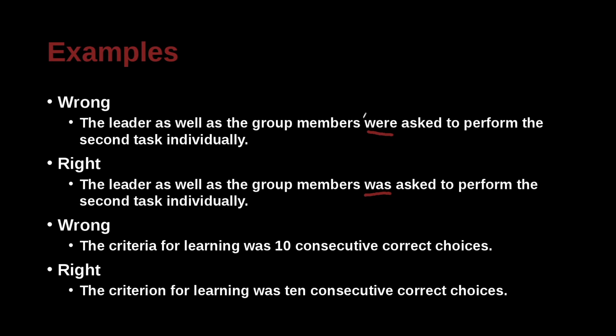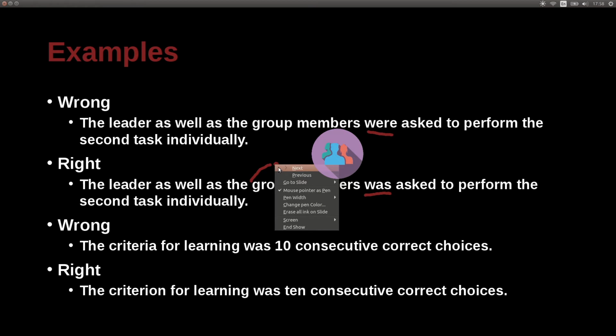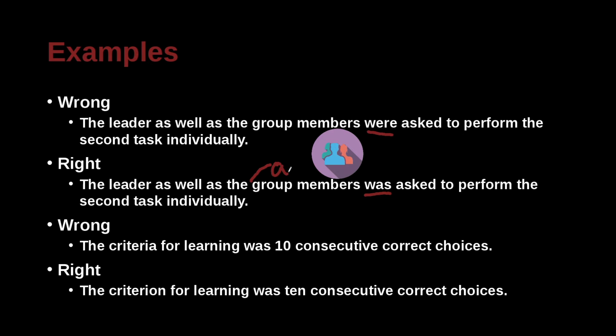And you were thinking, well, if it's the leader and group members, so this is a group of people, right? Yes, that's correct. And that's the point. It's a group. So as a group, they are single.